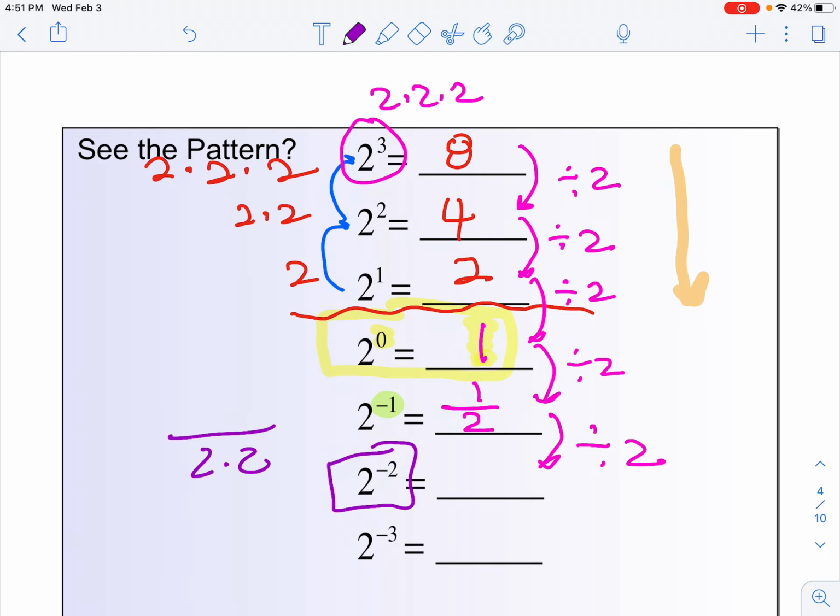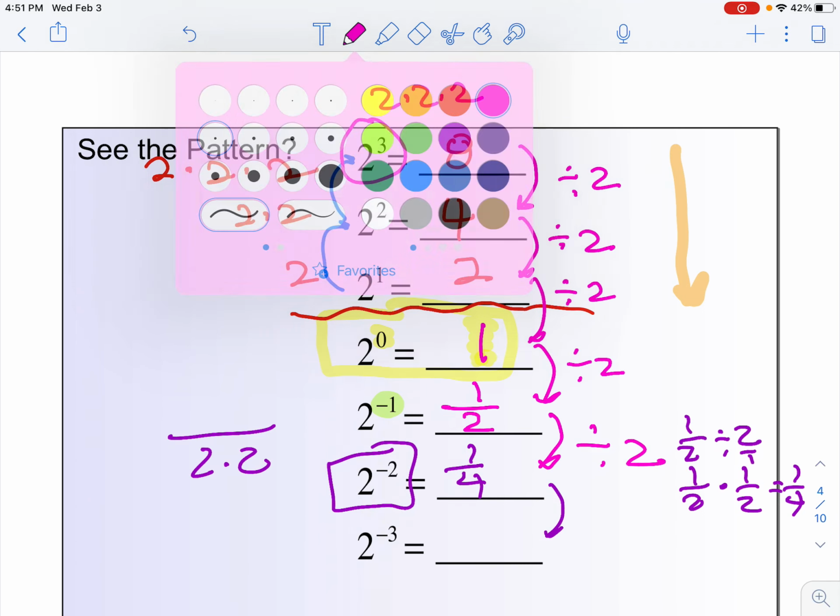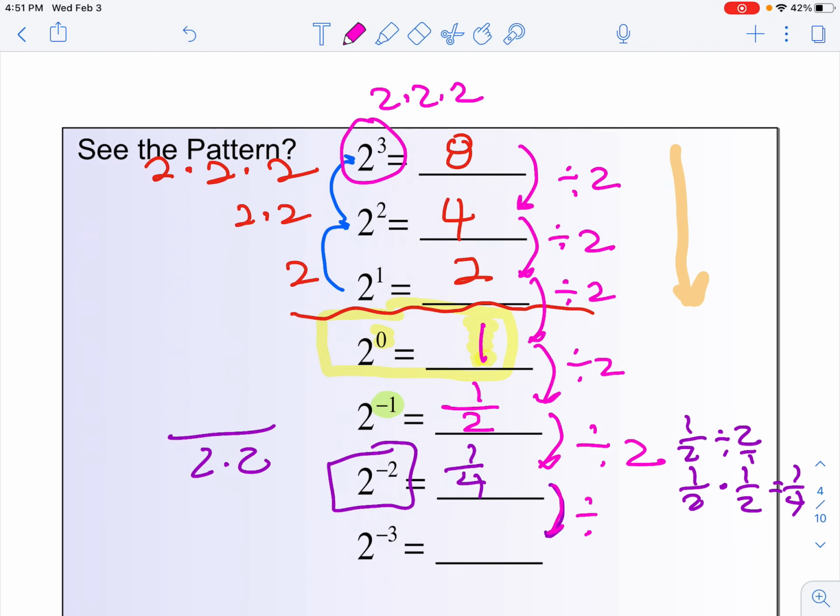And so what this is going to become is if you take 1/2 and you divide it by 2, remember, keep, change, flip, and this becomes 1/4. And if you divide by 2 one more time, again, if we work this out on the side, if we take 1/4 and we divide it by 2, we keep, we change, and we flip, and this becomes 1/8.